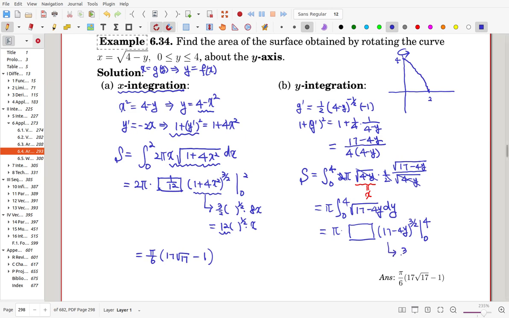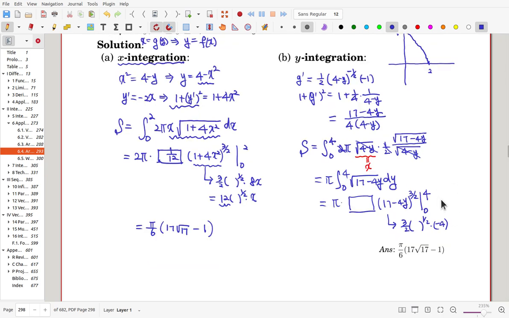Now 3 over 2 will come out, and inside the parentheses the same, to the half power, and here the derivative of this term is minus 4. So that extra term is minus 6, so we have to put here 1 over minus 6.